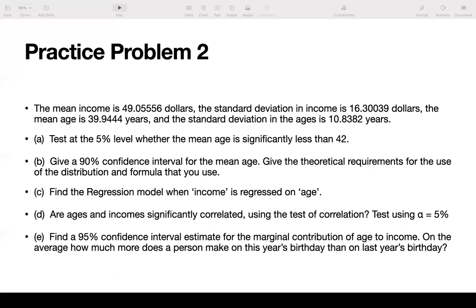And on average, how much more does a person make on this year's birthday than on last year's birthday? Again, I'll give you 10 minutes for this one, since it takes quite a long time. I'll share the solutions after 10 minutes.